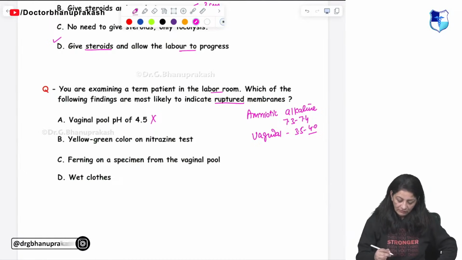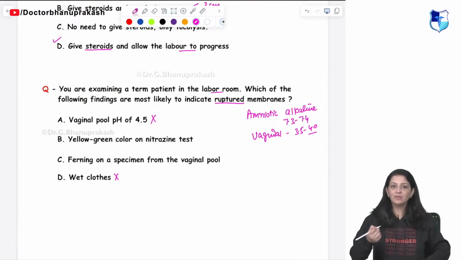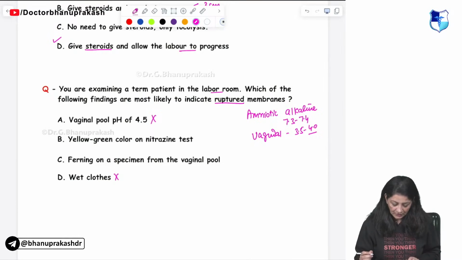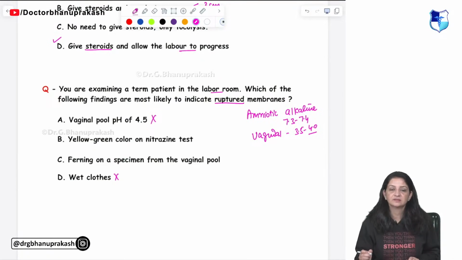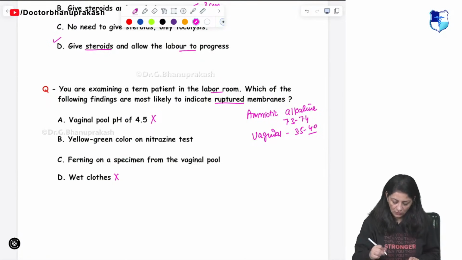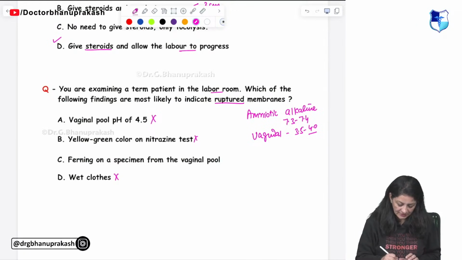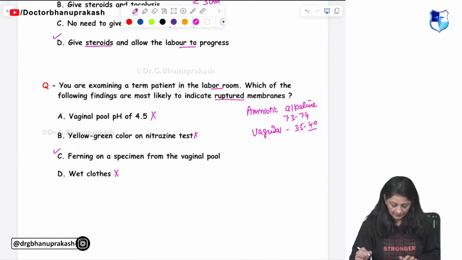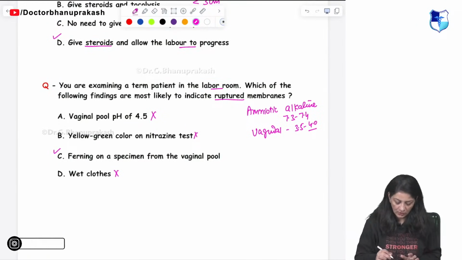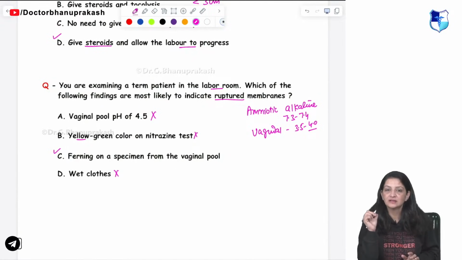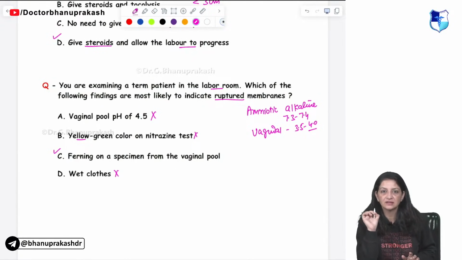Wet clothes could be urine output, a female can pass urine. Yellow green color on nitrazine test, no. So answer is C. Sorry, if it is yellow, it means this is acidic.